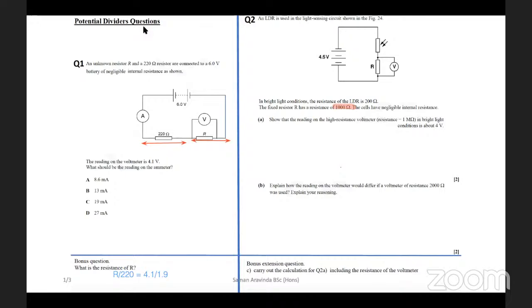For this one, we are reducing the voltmeter resistance from 1 mega ohm to 2000. By doing that, you can't neglect the voltmeter resistance. Recall when we did the potential dividers in the first stages.